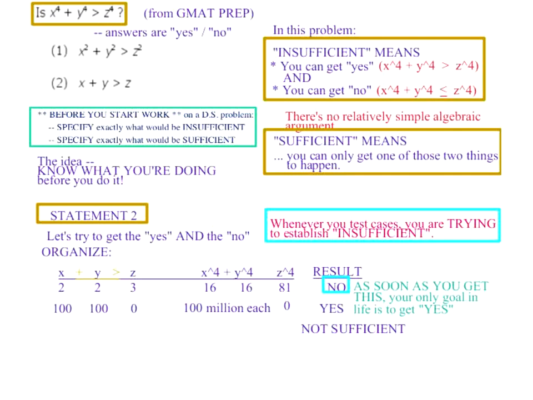You can use negatives. Negatives are another way. Let's say you got the yes first and had to try for a no, then you could start using your negatives.